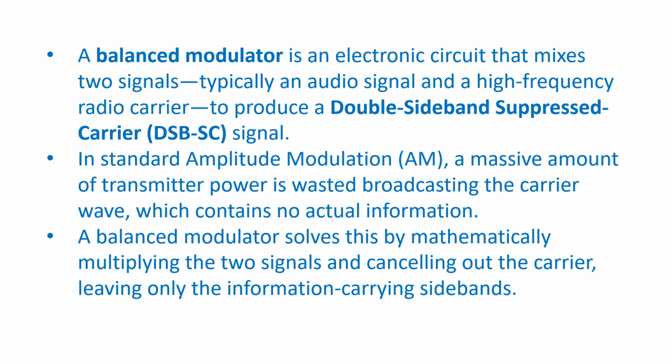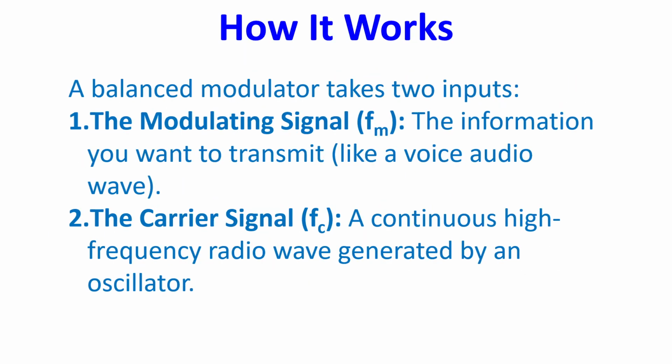A balanced modulator solves this by mathematically multiplying the two signals and cancelling out the carrier, leaving only the information carrying sidebands. A balanced modulator takes two inputs.